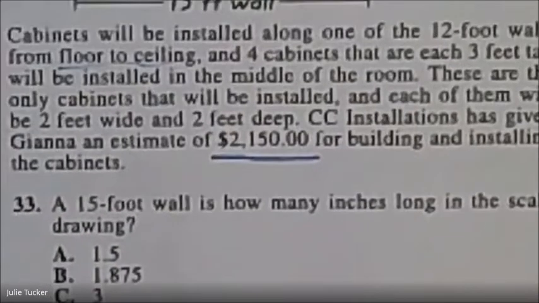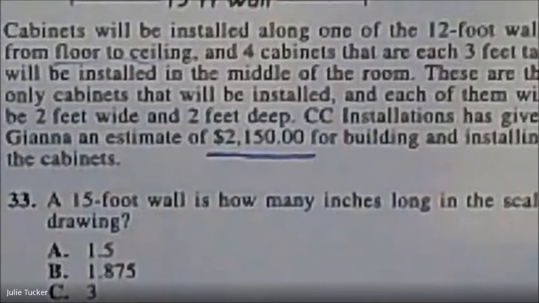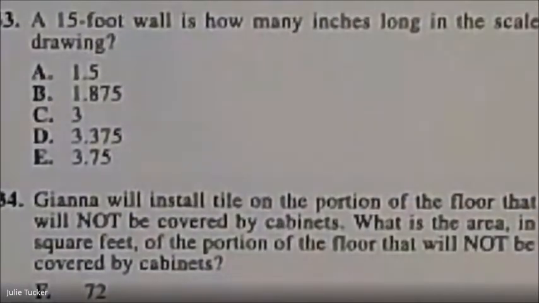So this is a lot of information they're giving you. Now they're going to give you 3 problems in a row that all go with this. The first one says, a 15-foot wall is how many inches long in the drawing?